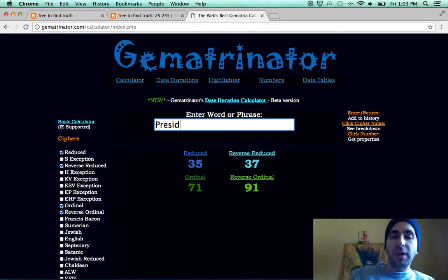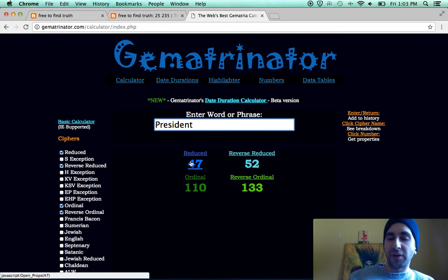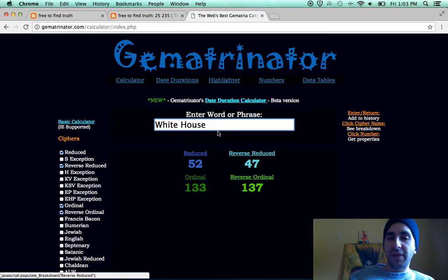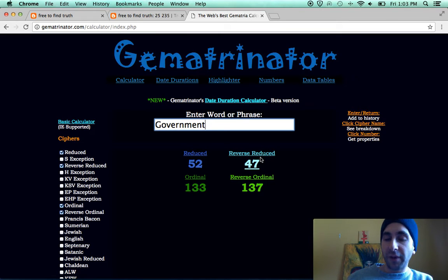We always knew that president had gematria 47. Learning about reverse, we now see that White House is 47 in reverse. Government is 47 in reverse. Remember, the Freemasons have something called Euclid's 47th problem about how to establish foundation for something, structure.